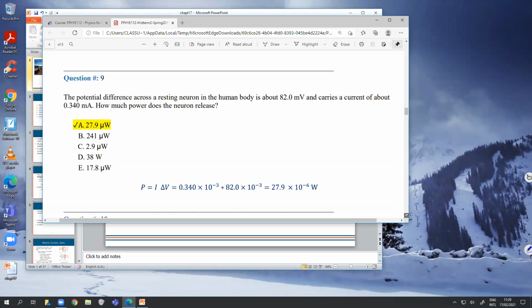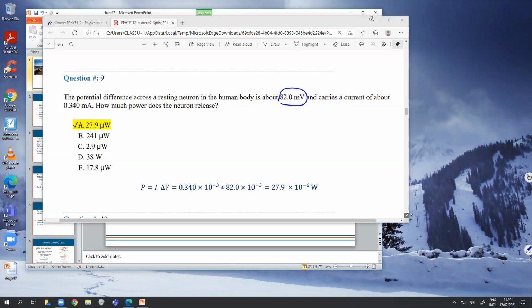We communicate through nervous impulses. The nervous impulses are electric currents, nothing other than electric pulses. So here we are talking about a neuron in the human body. Neurons are the brain cells.